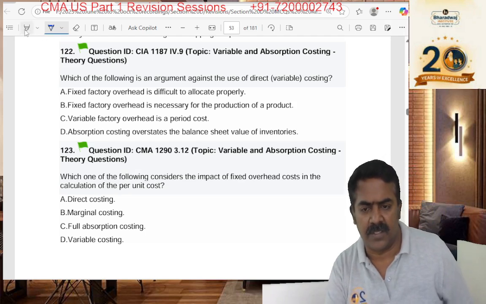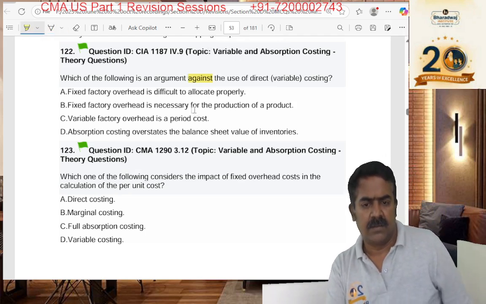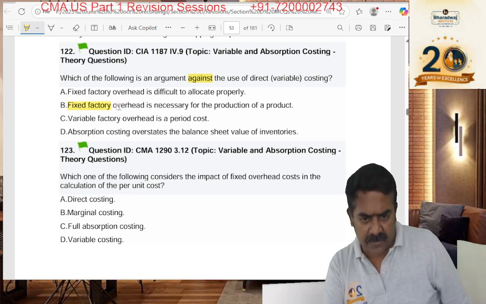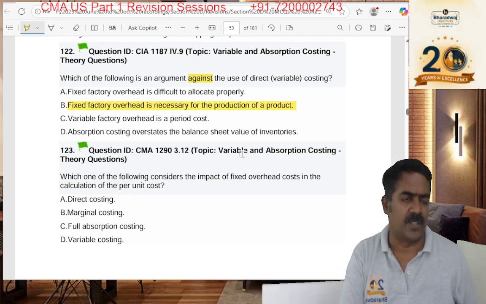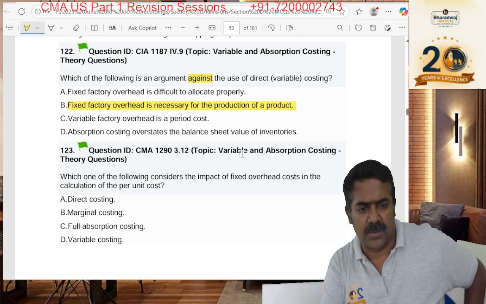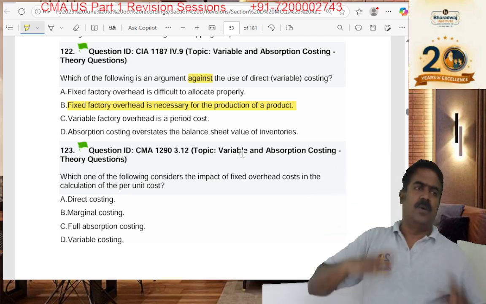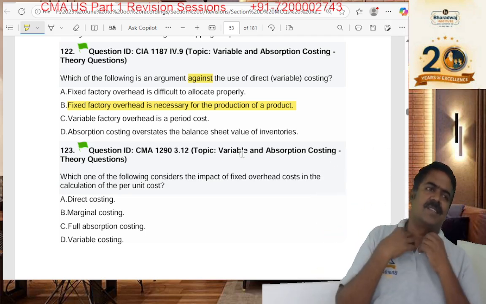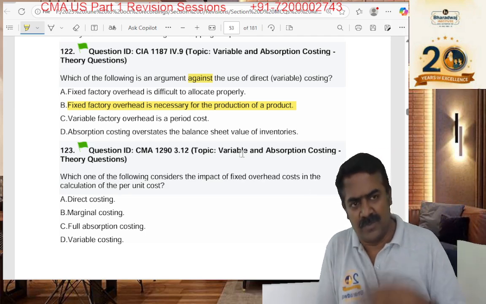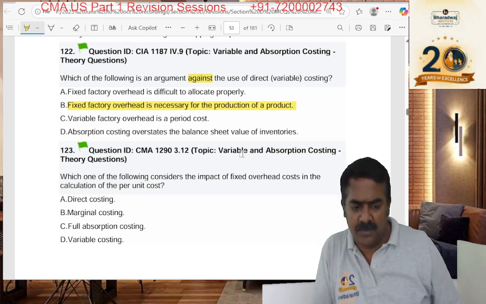Arguments for, arguments against. Against: fixed factory overheads also are necessary to produce a product. You cannot manufacture only with variable cost. If you use variable cost, you are telling only variable cost is there for manufacturing a product. No, without fixed cost, you cannot manufacture a product.